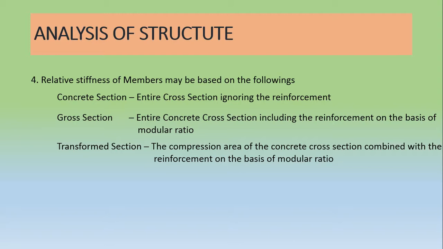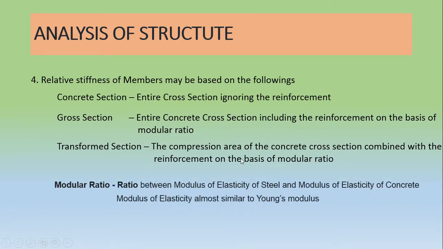In this case the following things we have to follow. Concrete section: the entire concrete section ignoring the reinforcement. Cross section: the entire cross section including the reinforcement on the basis of modular ratio. The transformed section: the compression area of the concrete cross section combined with the reinforcement on the basis of modular ratio.